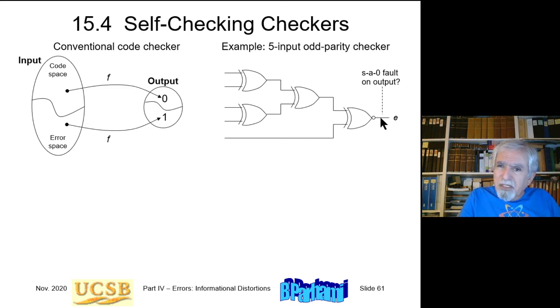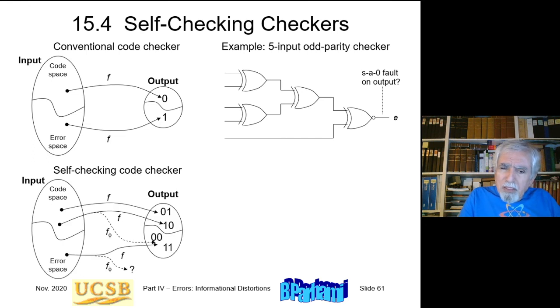So if this line is stuck at 0, this checker never sounds the alarm, so to speak, and we'll never know that something went wrong. So you can do self-checking with 2 outputs. You need at least 2 outputs. So for example, use 0, 1, and 1, 0 as everything is okay, and 0, 0, and 1, 1 as something is wrong.